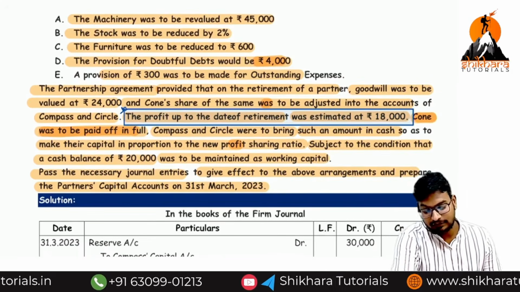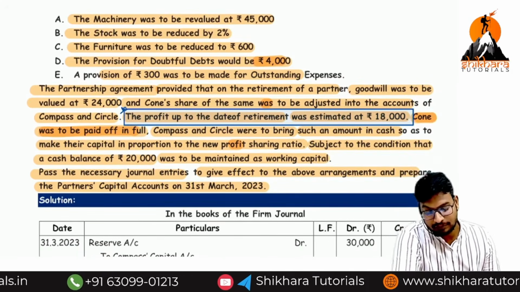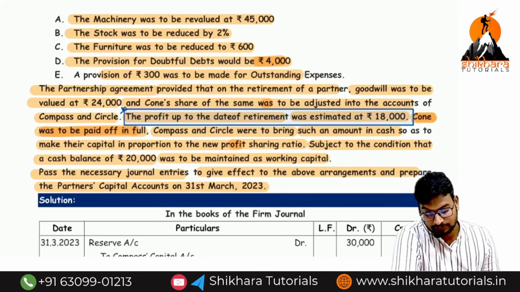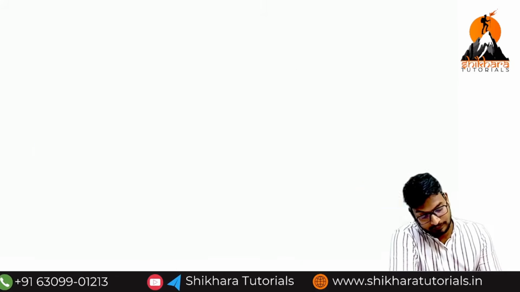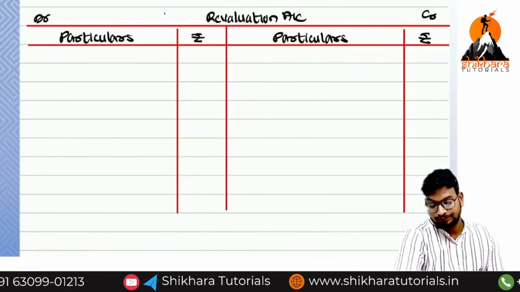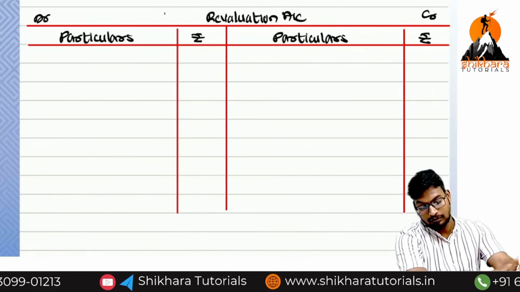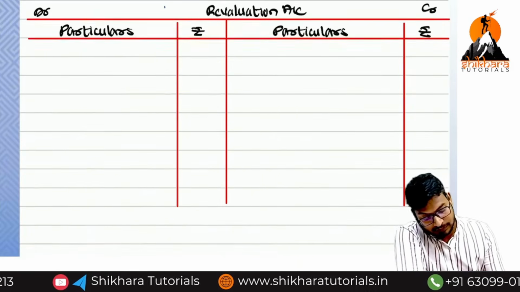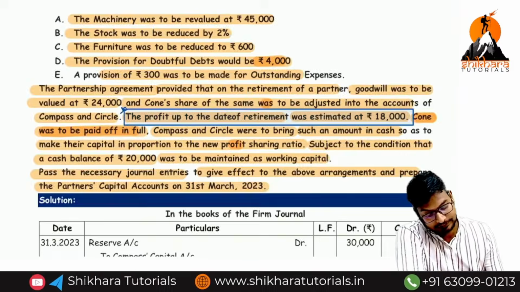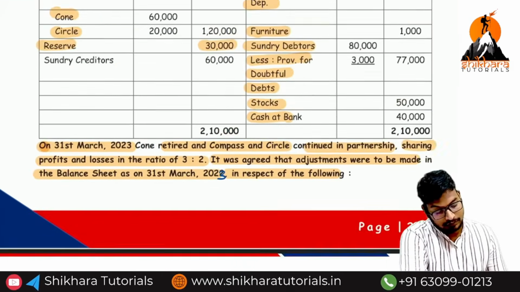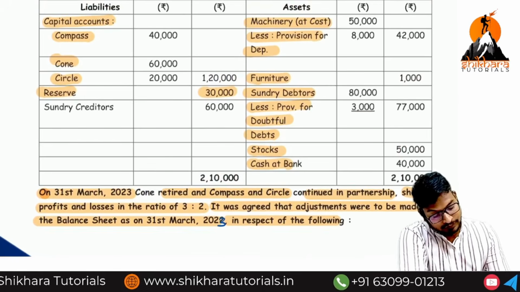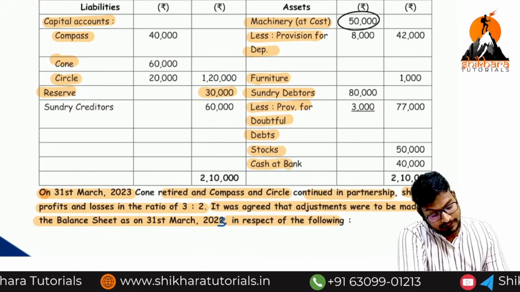Machinery was revalued at 45,000. Upward or downward, amma? Downward. How much? So wait a second. The machinery value is 50,000, and we are having the provision now.